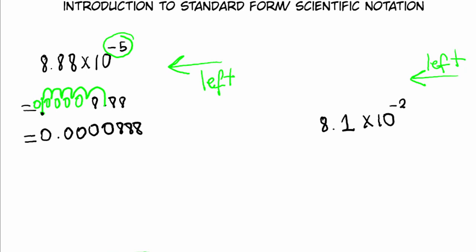Let's go ahead and do that. 1, 2, point here. Fill this space with 0 and put a 0 before the point, leaving us with 0.081, and this would be our original number.